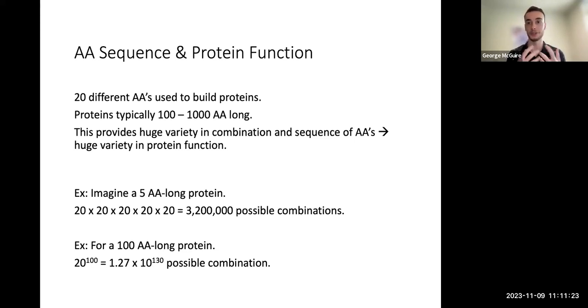If we just use some simple math to think about the different combinations that are possible, you can see how quickly we get an insane number of possible combinations from just these 20 different amino acids. So for instance, if we want to look at a 5 amino acid long polypeptide, which I don't believe there are any functional proteins that are only 5 amino acids long, but just for the sake of an example, if there are 5 amino acids in this one protein, each amino acid slot has 20 different options for which amino acid could go there.